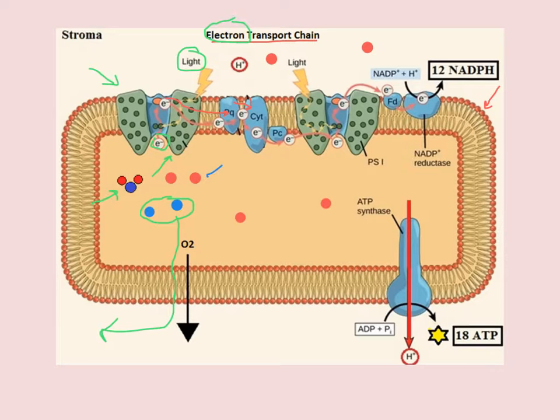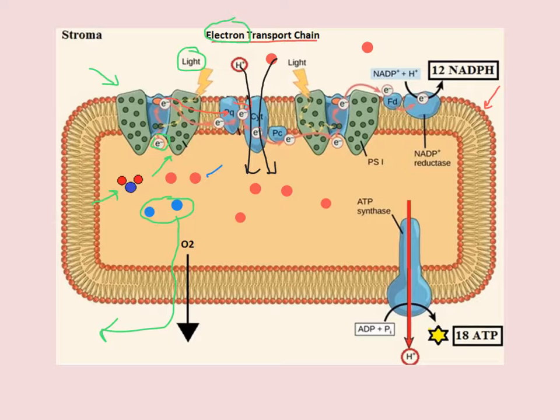When it reaches cytochrome, the energy from those electrons is used to pump hydrogen ions into the thylakoid. So as you can see, we just gained 2 more hydrogen ions, or red circles, inside of the thylakoid. We are getting a high concentration of hydrogen ions on the inside and a lower concentration of hydrogen ions on the outside.